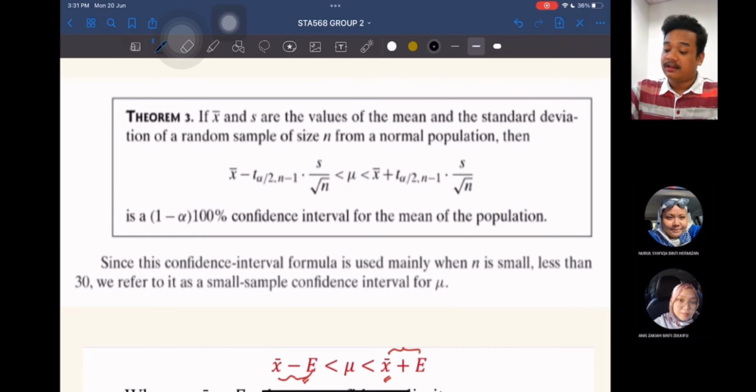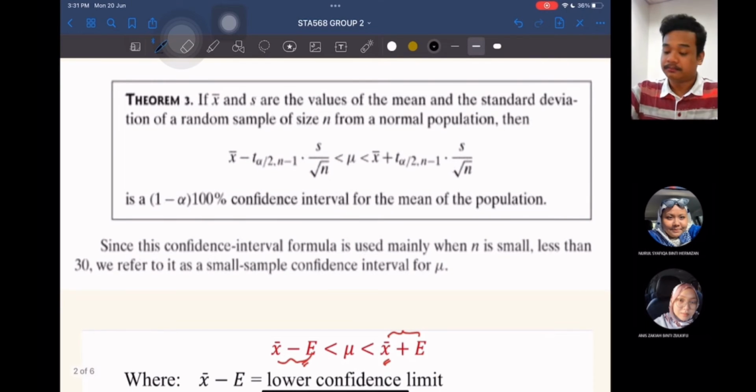This is a 1 minus alpha, or 100(1 minus alpha) percent, confidence interval for the mean of the population.